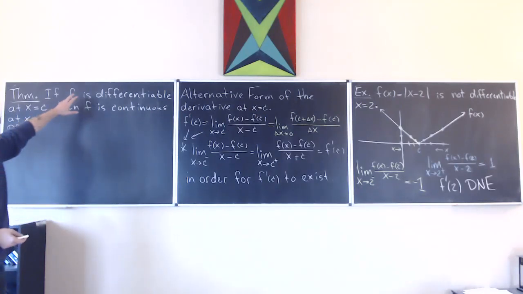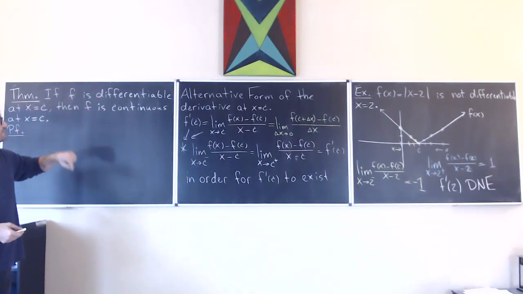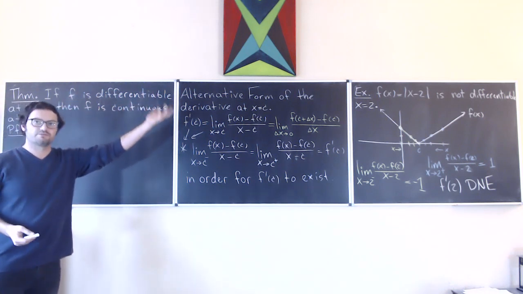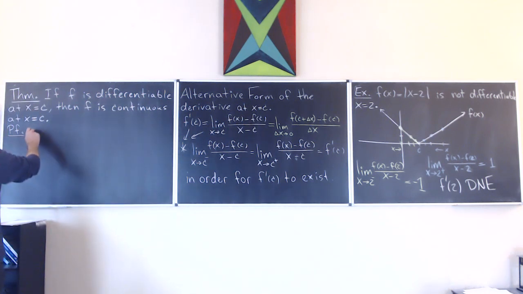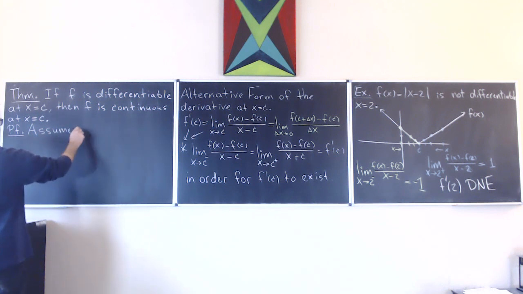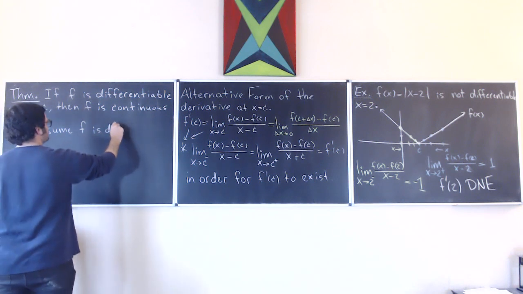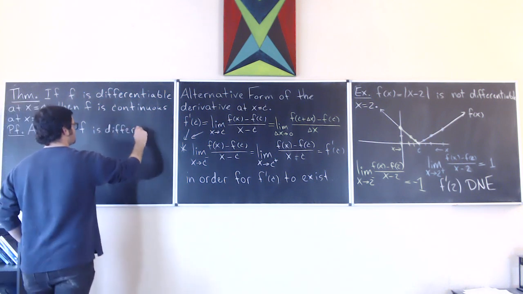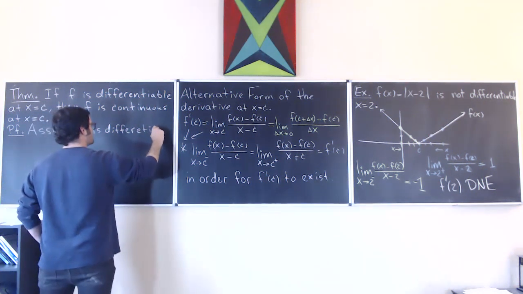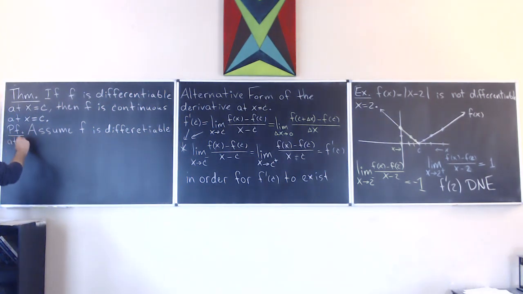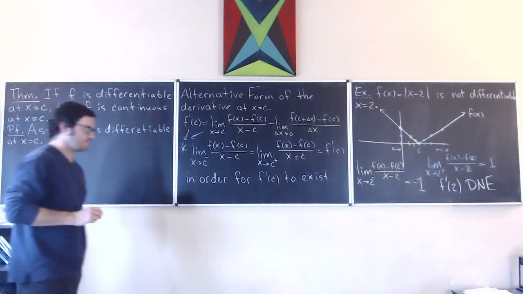So we have differentiability implies continuous, and we want to prove that. So we assume the hypothesis of the statement. We assume that f is differentiable at x equals c. Okay.